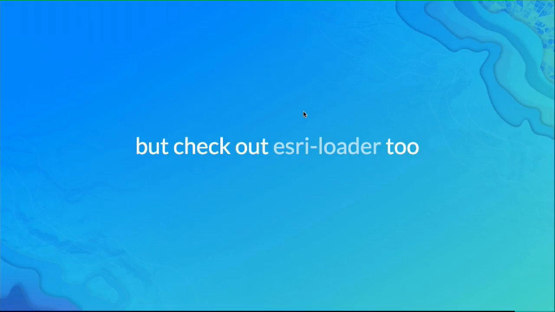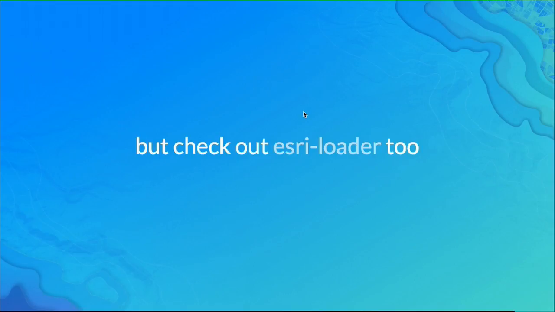But the JavaScript API at 4.x, especially with things like Esri Loader, has made significant strides to make it a lot easier to integrate modern tooling. We've got samples that use Webpack, and with Dojo 2 coming around the corner, it's just going to be easier.